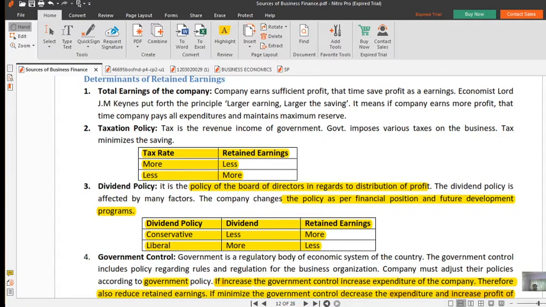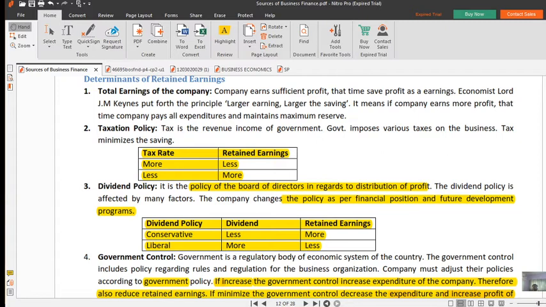So the government imposes various taxes on the business. Tax minimizes the savings of the company. If tax rates are more, then there are less retained earnings of the company. If tax rates are less, then more amount is in the form of retained earnings.